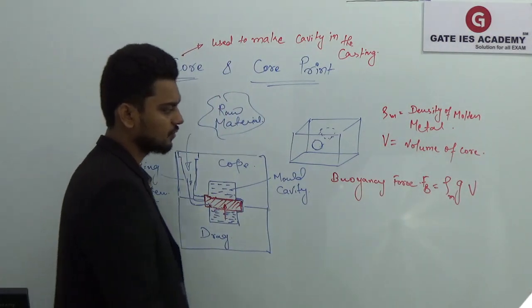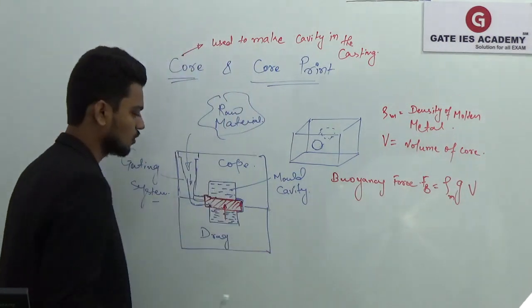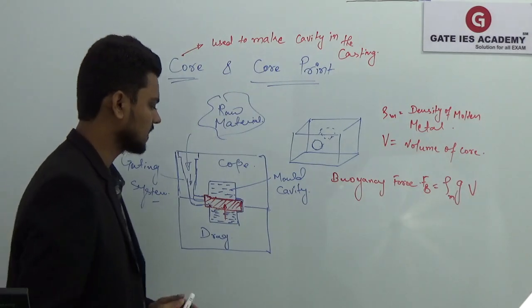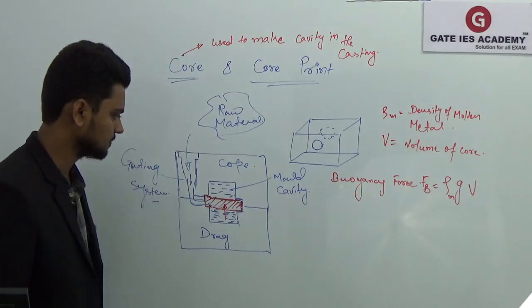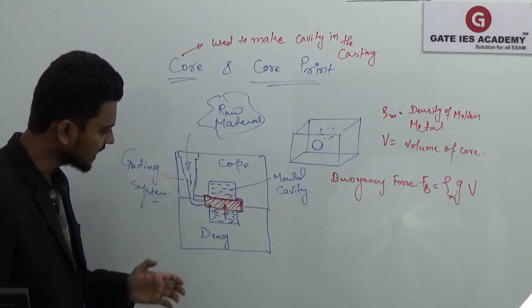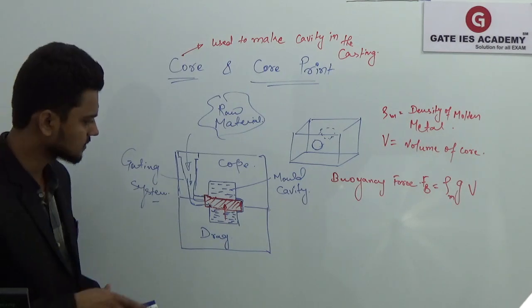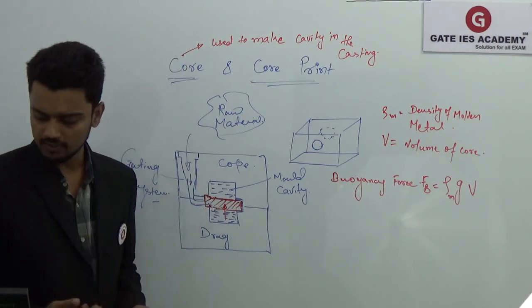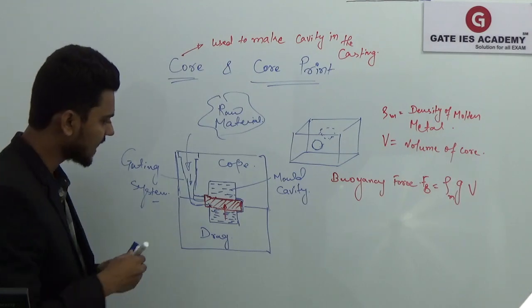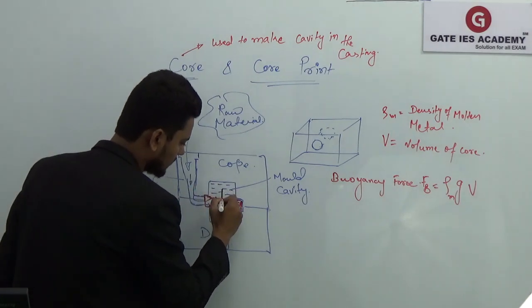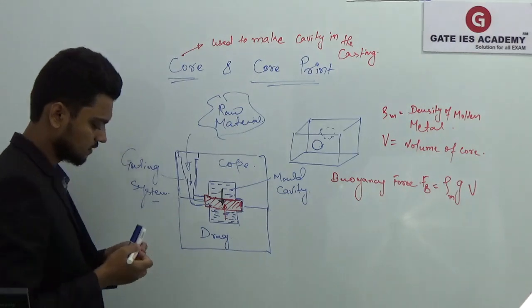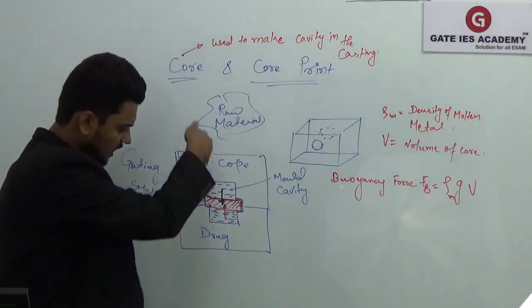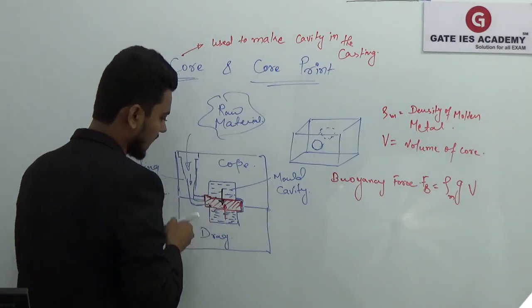So this is the buoyancy force that will act on your core by Archimedes principle that we know. Now at the same time, obviously this core will have some weight, and the direction of that weight will be in the downward direction.